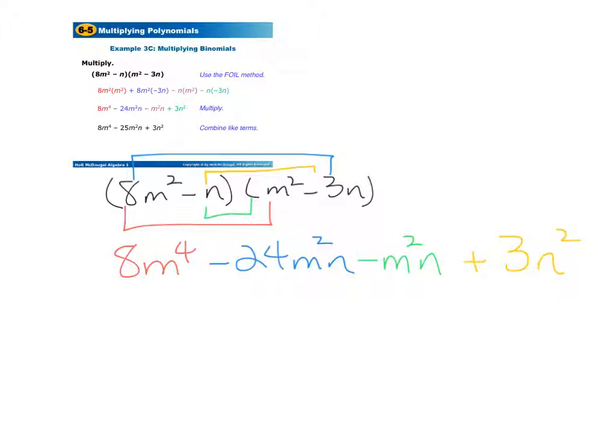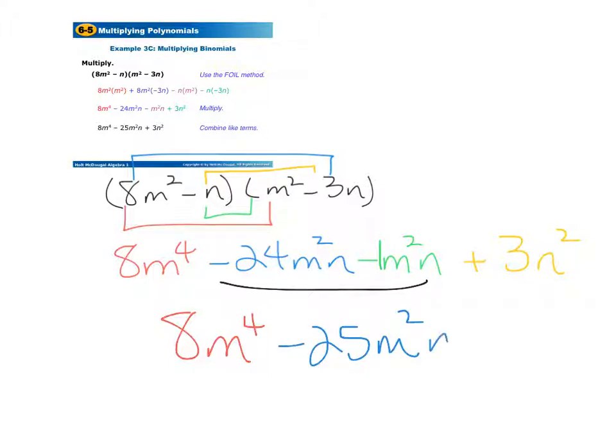And again, notice you've got some middle terms here that you can group together. Assume a 1 in front of here. So 8m to the 4th minus 25m²n, and then plus the 3n².